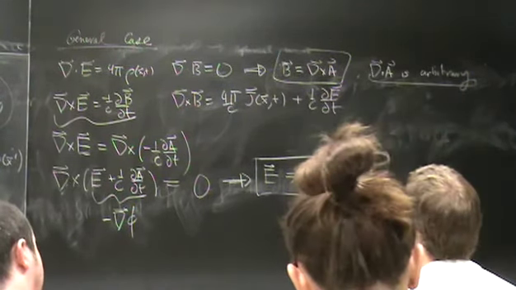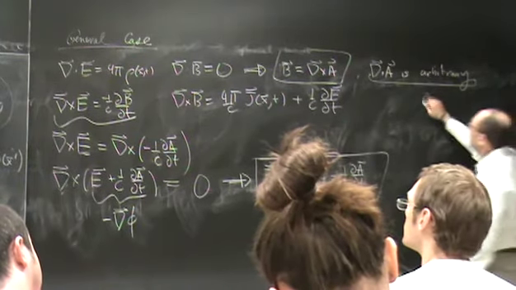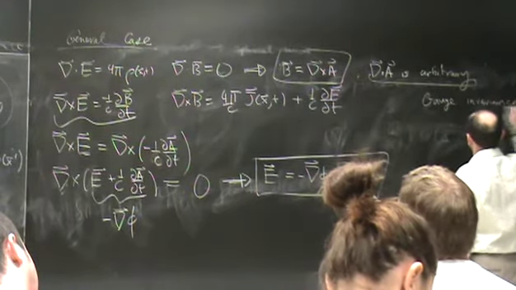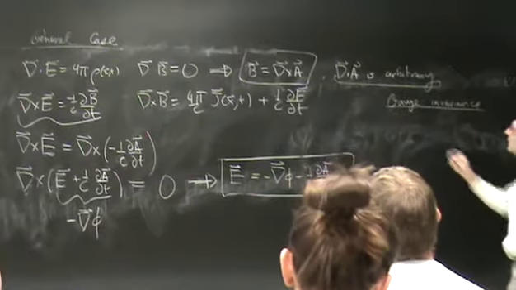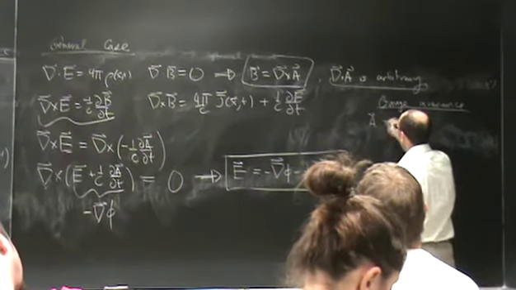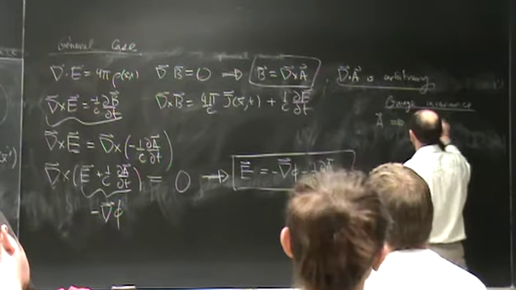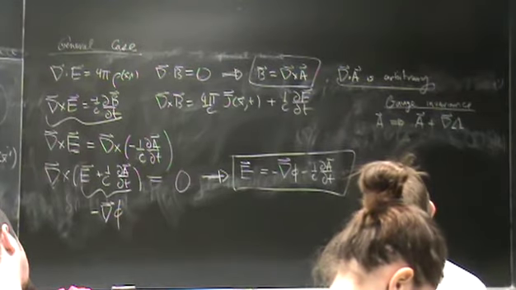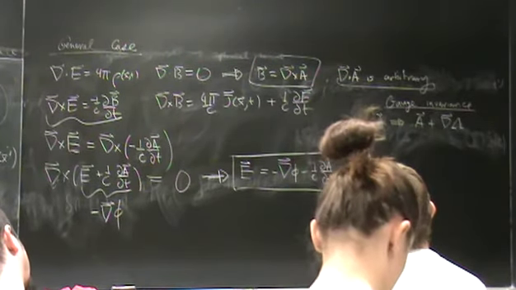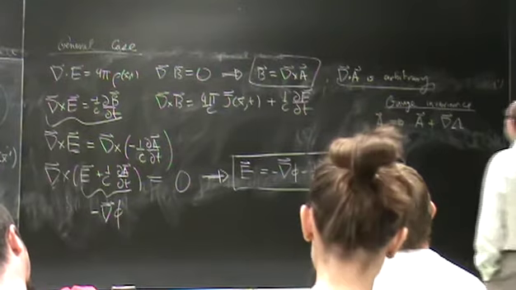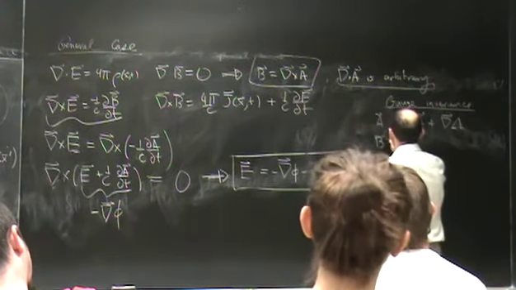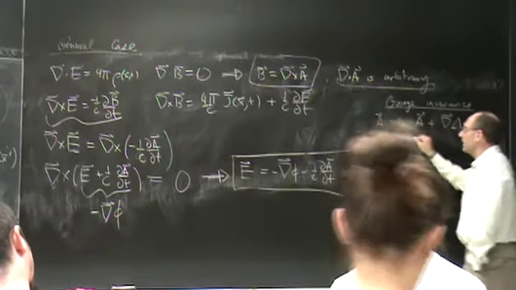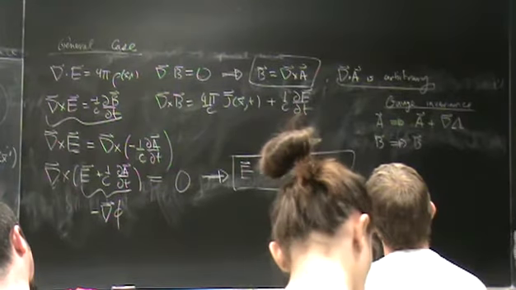So what we said here, gauge invariance: if I make a transformation by adding to A the gradient of some other scalar field, lambda, which is called the gauge field, then because B is the curl of A, and the curl of a gradient is always 0, the magnetic field does not change.